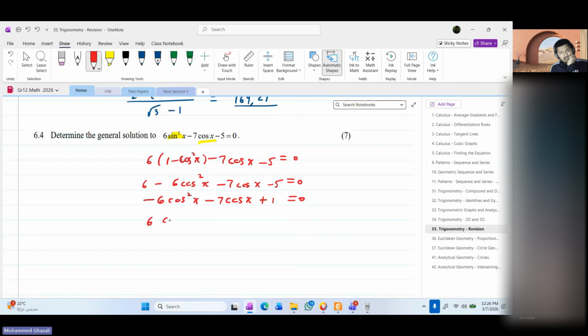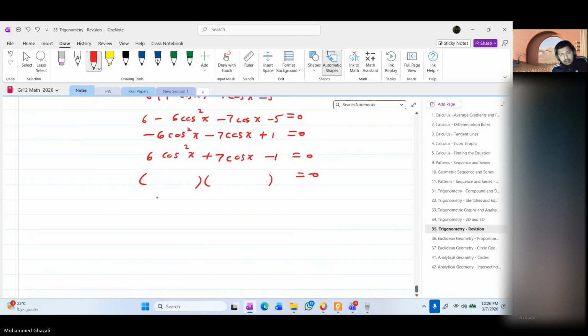Rewrite it: 6 cos squared x plus 7 cos x minus 1 is equal to 0. You can use a calculator and solve it quickly. So you can say cos x is equal to, so you're going to put 6, 7, and minus 1.